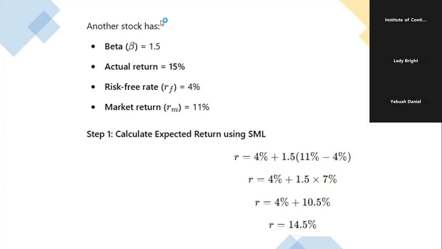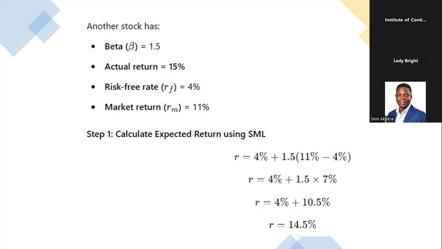Sam, Madam, are you okay? I'm not okay. Okay, please. You were asking why the actual return is the same as the expected return. Yes, that's what your question is saying, that the actual return is 15. It's not the same as the expected return. So I'm trying to understand.